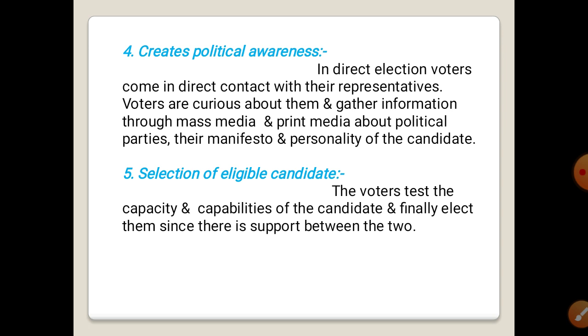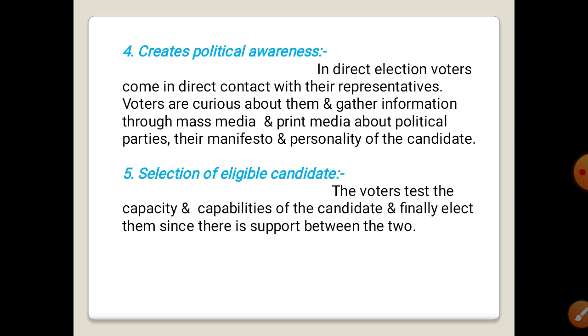A candidate should be elected on his ability. People can choose their candidate by looking at his educational qualification, political background, and what kind of work he has done previously, social work or being in administration.